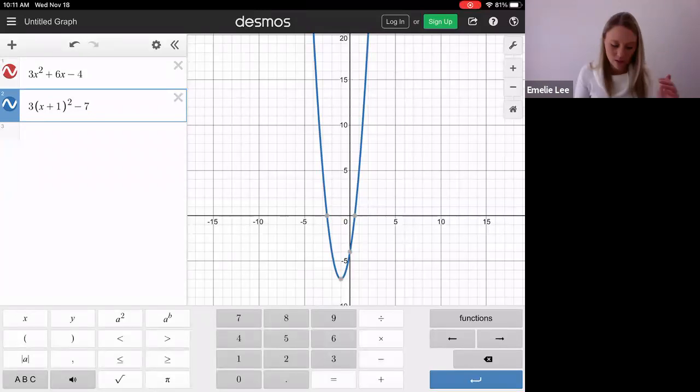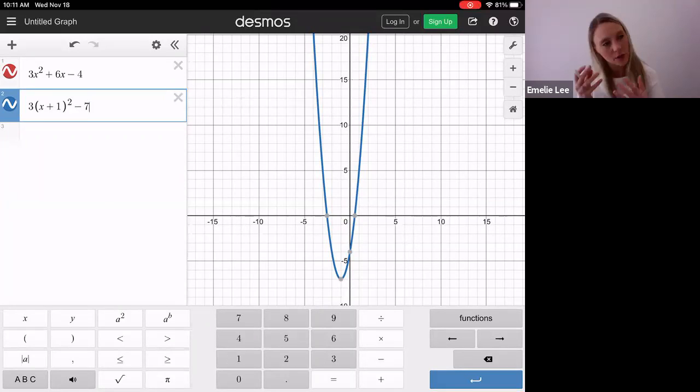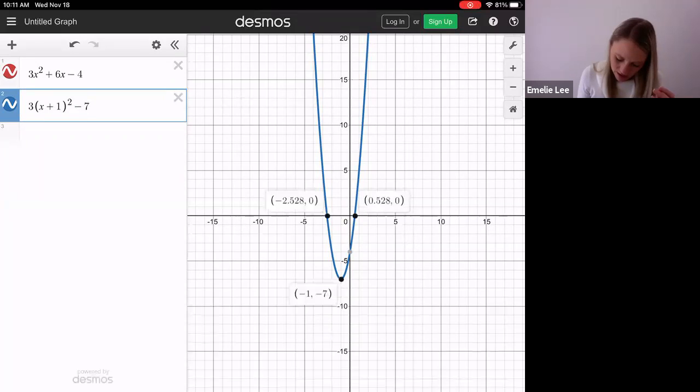The red function is the original function, and then I put it into standard form. Hopefully I haven't changed anything. So if you're working through these problems, you can graph them just to make sure that you have the same function still, but then also, kind of cheater way, it'll highlight where all the x and y intercepts and the vertex are.